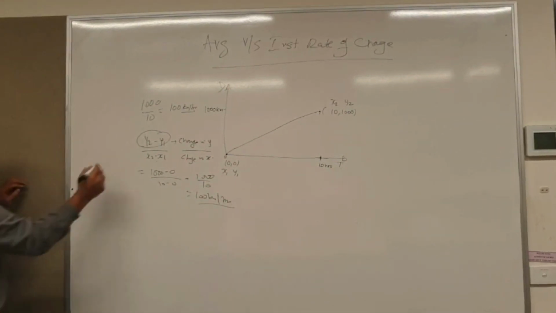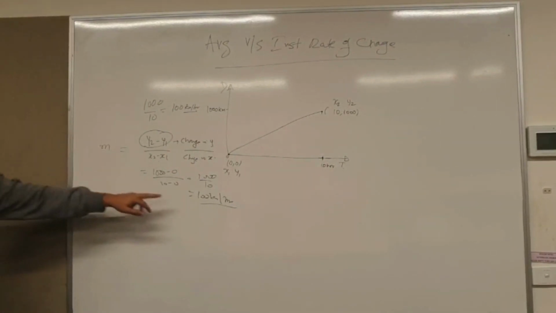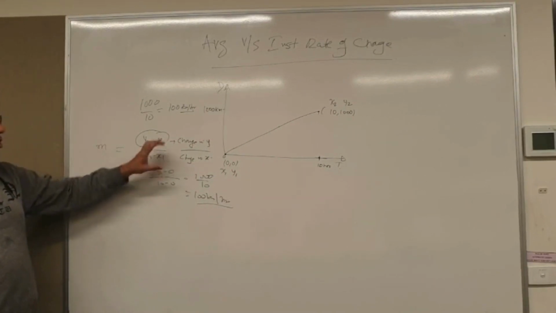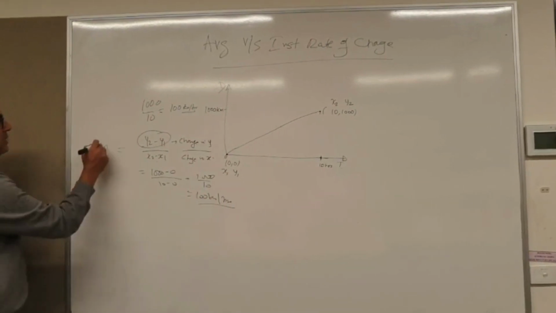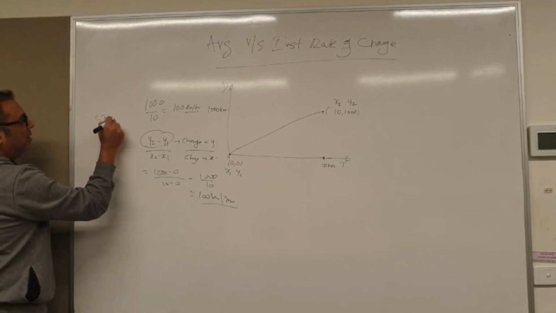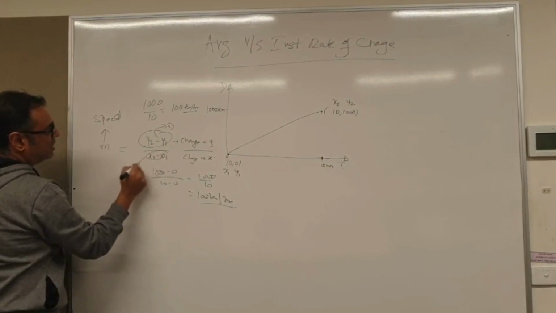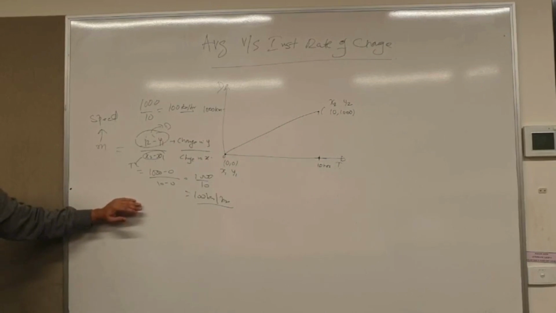So your slope is 100. Yes? Slope in the distance time graph is nothing but speed, because the top one is distance, bottom one is time. So we're talking about change in the distance over change in time.